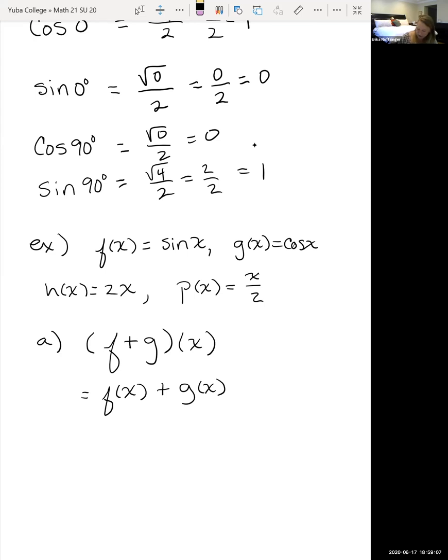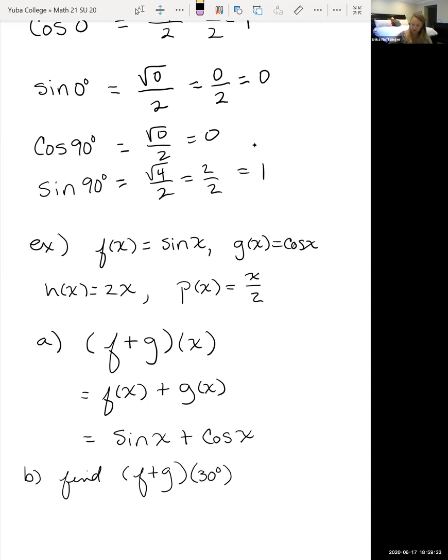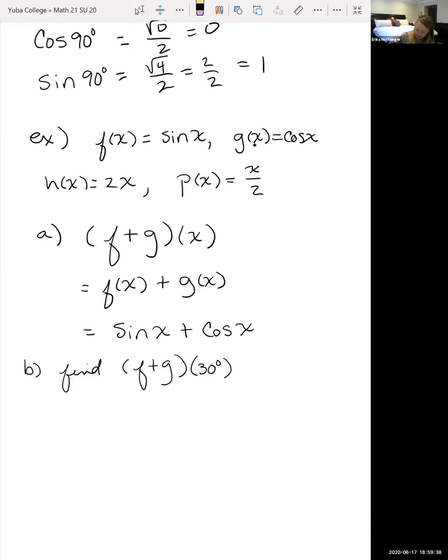And so f of x, if we look at this, is sine of x, plus g of x, if we look at that, that's cosine of x. So if it said find f plus g of 30 degrees, this would be the same thing as f of 30 plus g of 30.